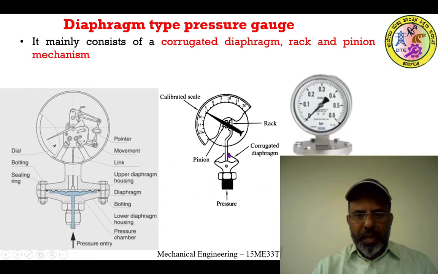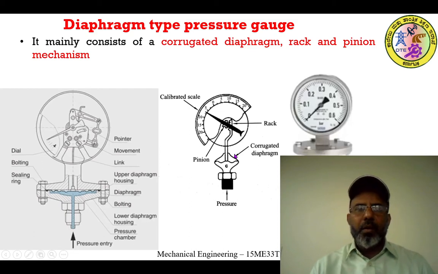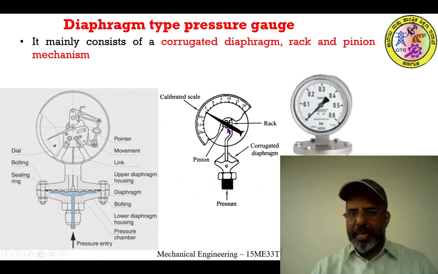Then this rack, and this is the pinion. The diaphragm type pressure gauge operates with a rack and pinion mechanism. The main parts are the corrugated diaphragm, rack and the pinion, and this pointer moves over the calibrated scale.